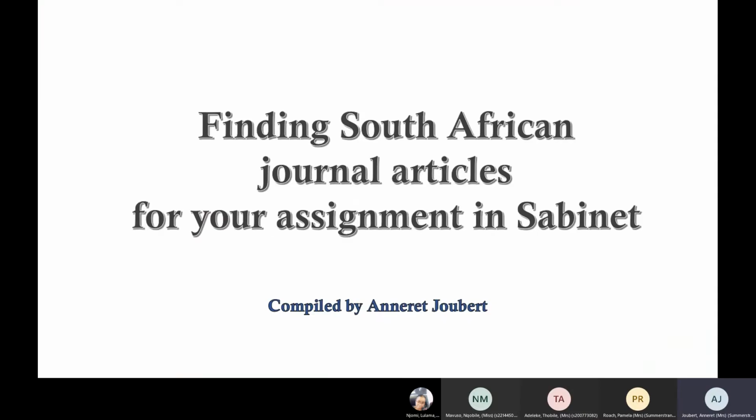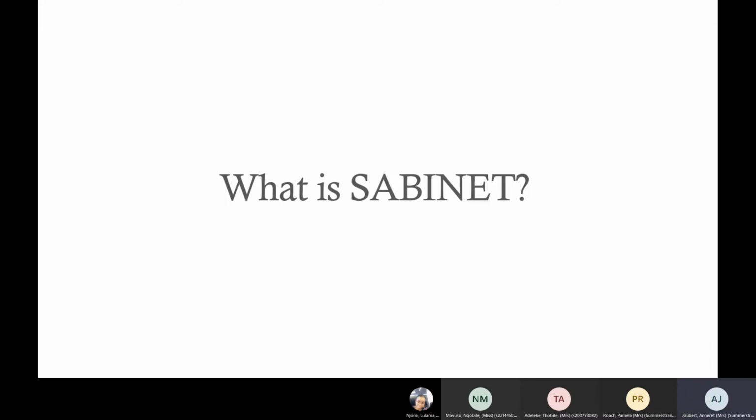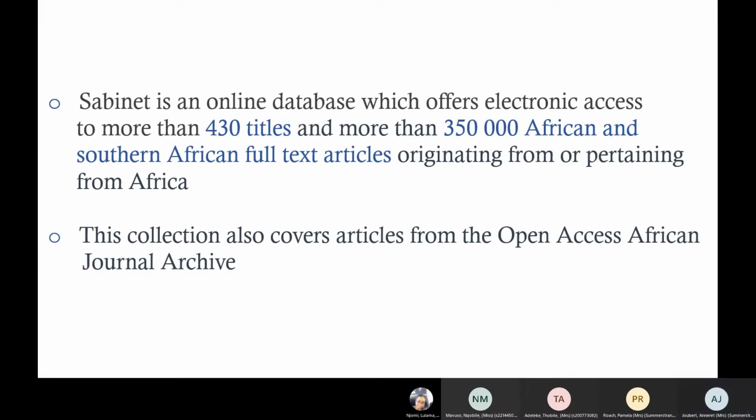So today's webinar, we will look at finding full text articles in Sabinet. So what is Sabinet? I'm not sure how many of you have ever used Sabinet, but it is a very nice database to use.